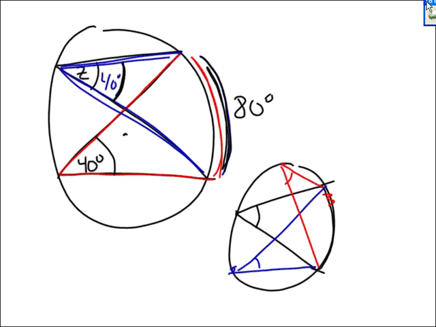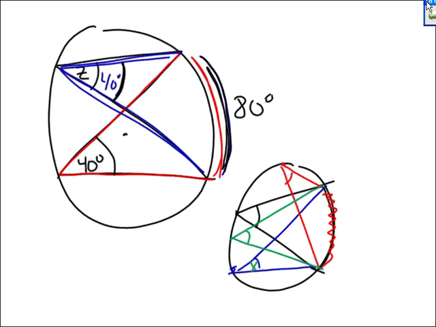They all cut off this arc. If in one given circle or two congruent circles, two inscribed angles cut off the same arc, those angles are equal.